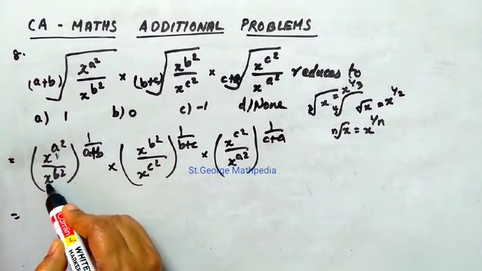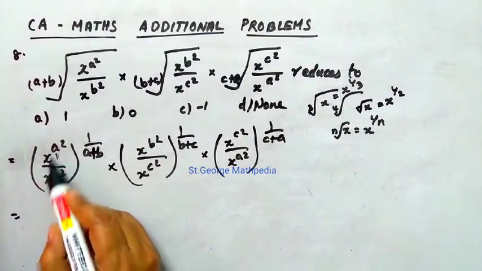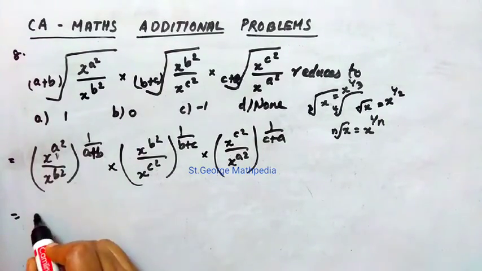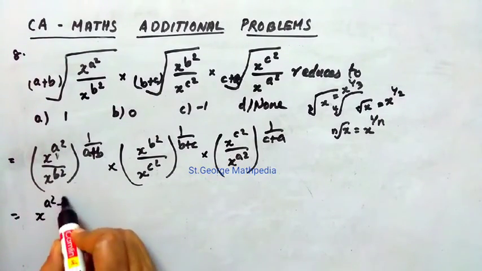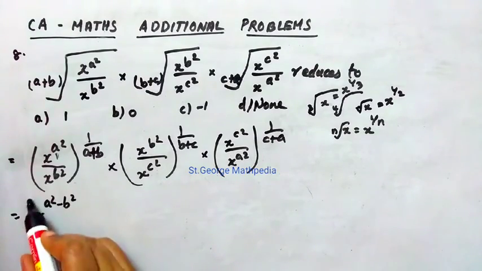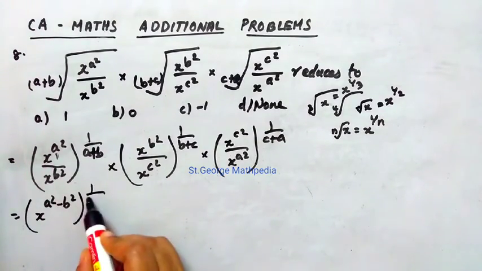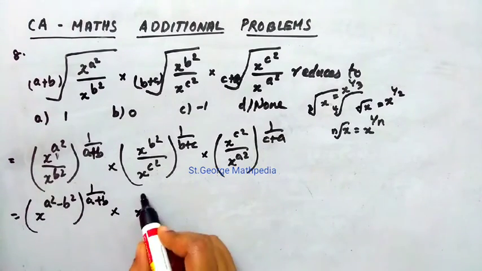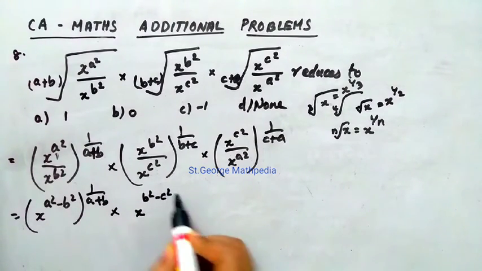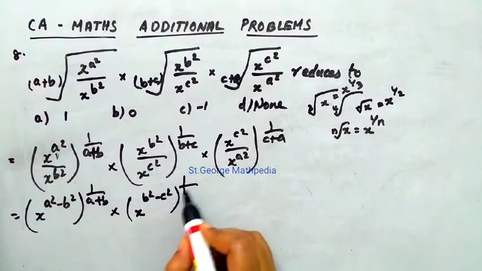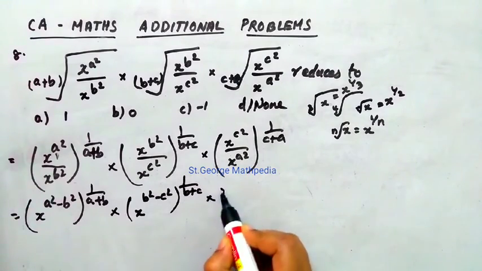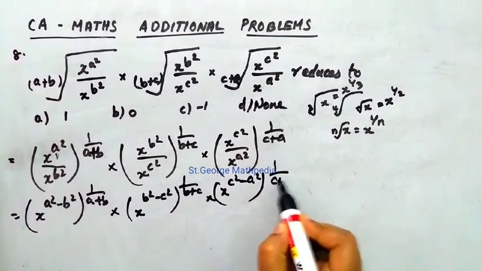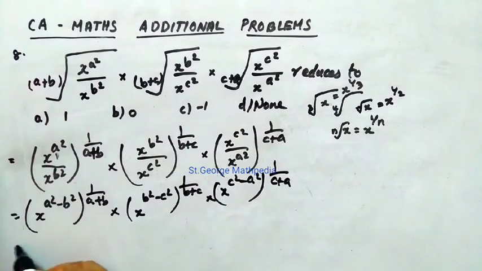Now you have the same base x and the terms are in division, so you can subtract the powers. That is (x^(a squared minus b squared))^(1/(a+b)) into (x^(b squared minus c squared))^(1/(b+c)) into (x^(c squared minus a squared))^(1/(c+a)).